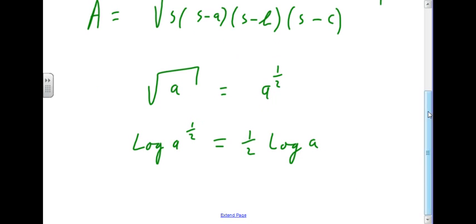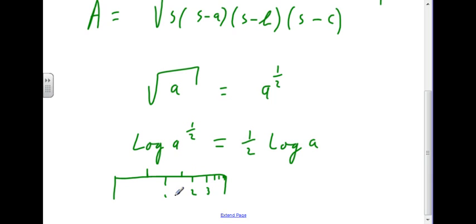So if I had a slide rule that was marked off on a log scale, so that'd be 1, that'd be 2, that would be 3, 4, 5, 6, 7, 8, and I had some number, and I took half of that number on that log scale, then I would come up with the answer to the square root. So I would do it with logarithms using a slide rule.